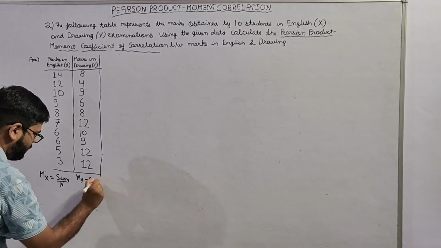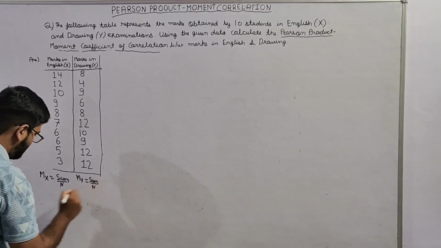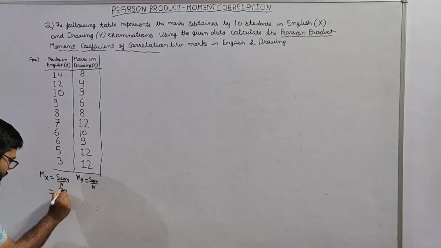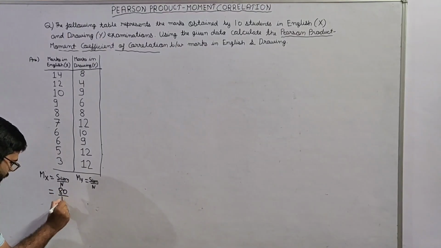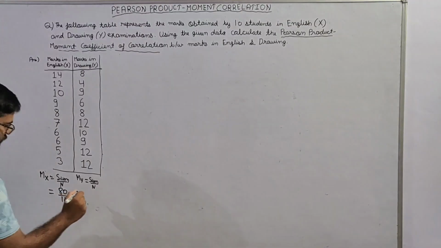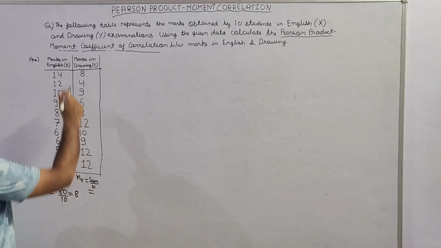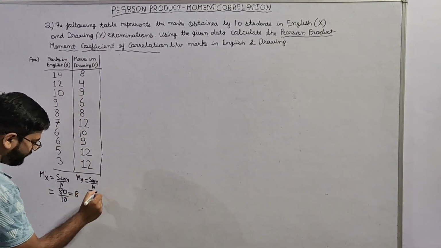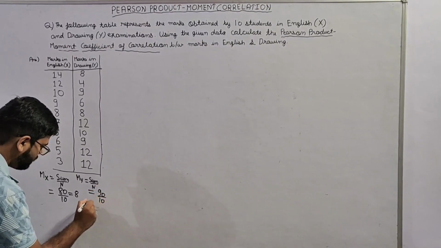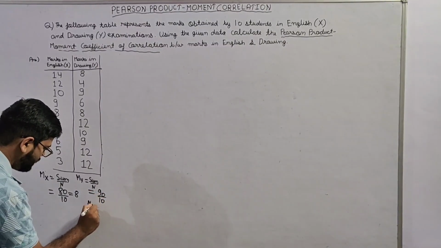Here also sum upon n. The sum of English marks is 80 upon 10, that's equal to 8. In the same way, marks in drawing, the sum is 90 upon 10, so my value is 9.